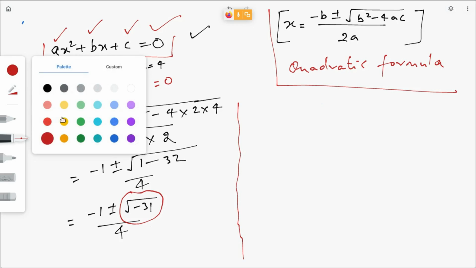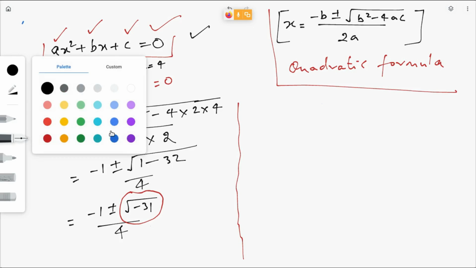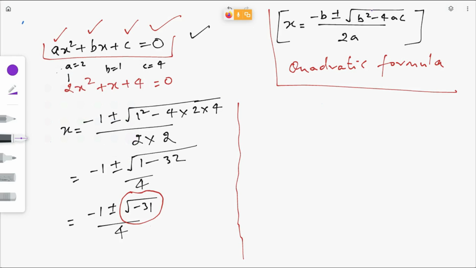Now see here, whenever a quadratic equation is given, first thing, before using this formula, you need to find this value, b square minus 4ac, so that these steps can be reduced.